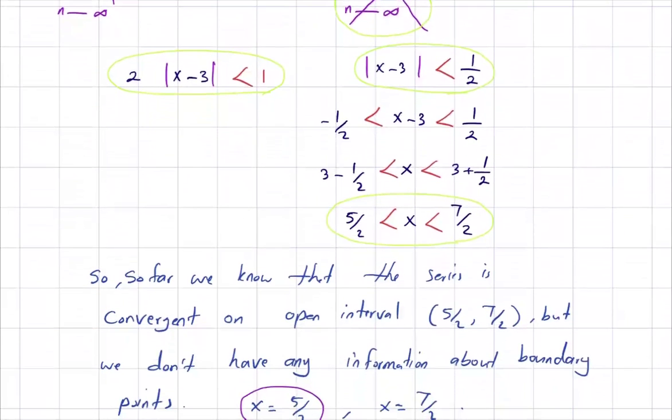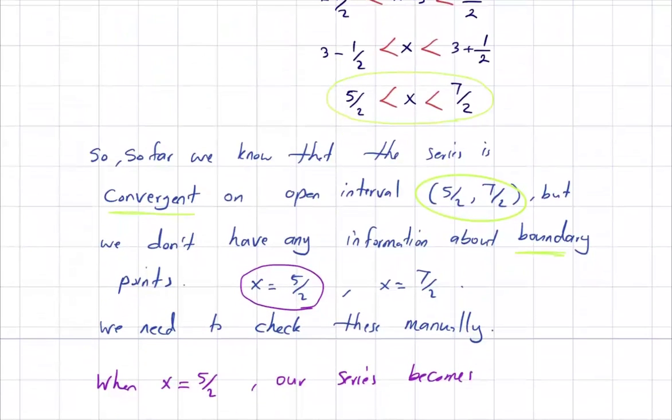By the ratio test, we know that the convergence for this series is bounded between 5/2 and 7/2, but it doesn't give us any information about the boundary points. What about x equals 5/2 and x equals 7/2?